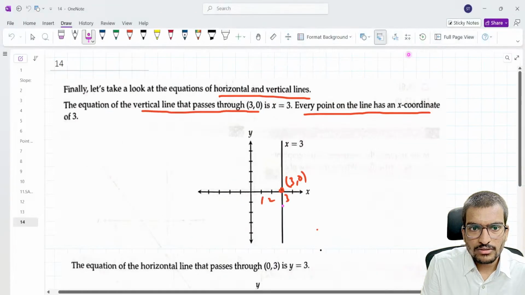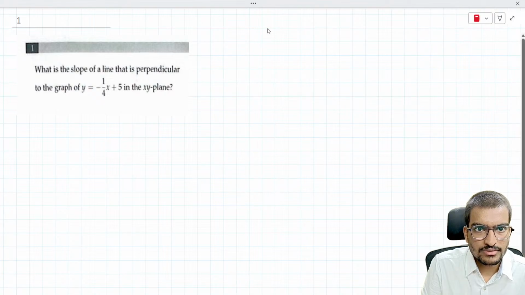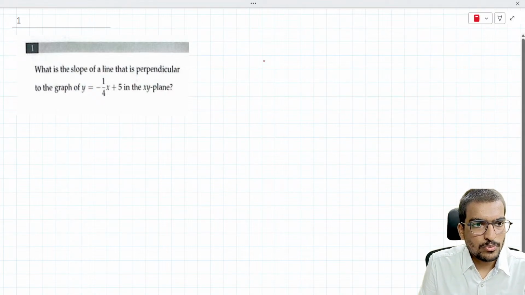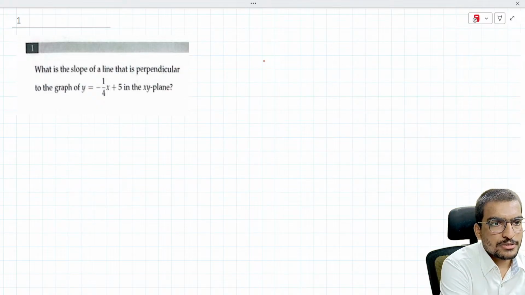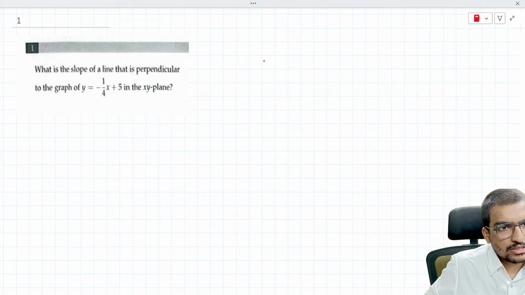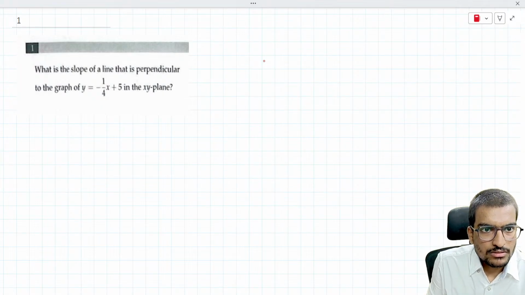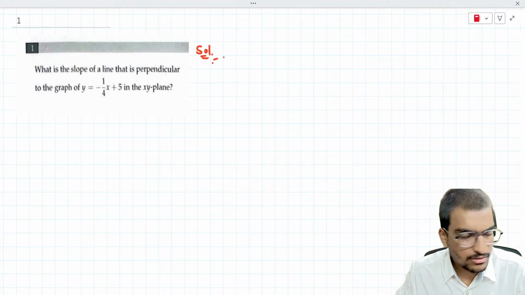Yeah, it's fine now. Let's get started with the 6.1 exercise. Okay, what is the slope of a line that is perpendicular to the graph y equals -1/4 x plus 5 in the xy plane?